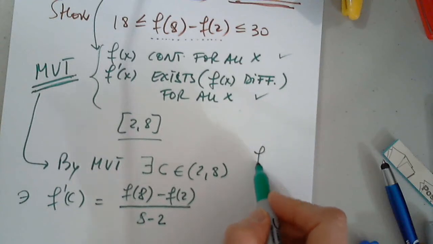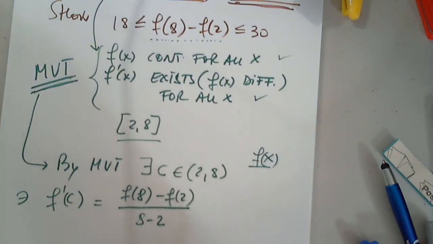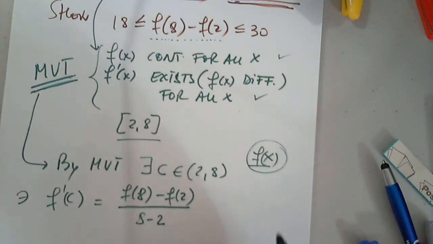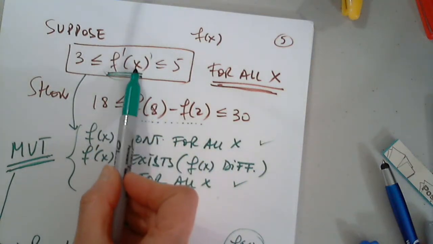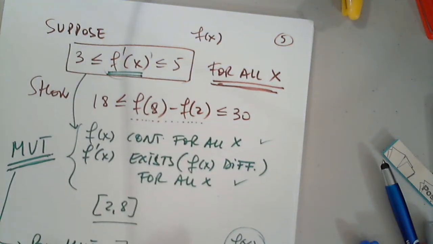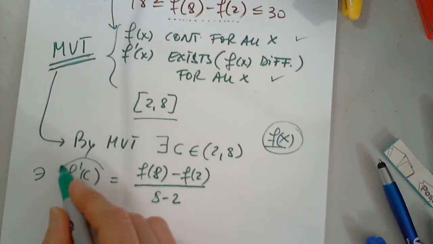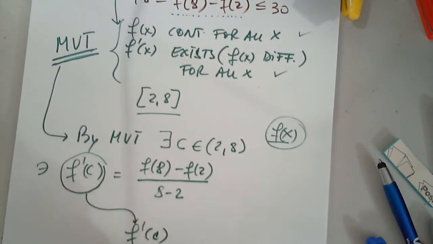I don't have the function. I don't know what f of 8 is. I don't know what f of 2 is, because I don't have the function. Unknown. But I am told that the derivative evaluated for anything I want must be between 3 and 5. So f prime of c, for any real number, must be between 3 and 5.